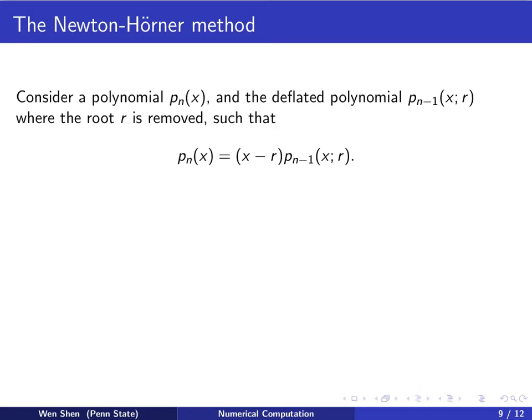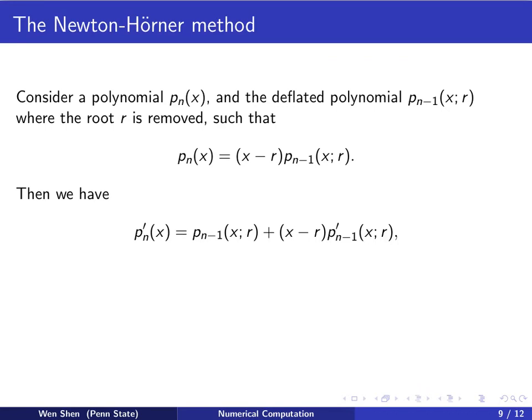To fix the idea, we consider a polynomial Pn, and the deflated polynomial P_{n-1}, after removing the root r, such that Pn of x equals x minus r times P_{n-1} of x.